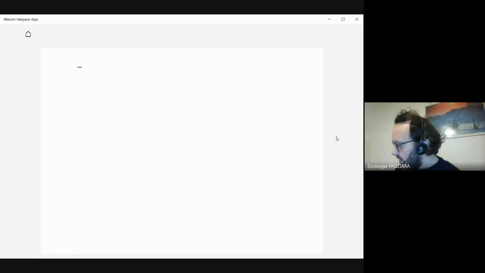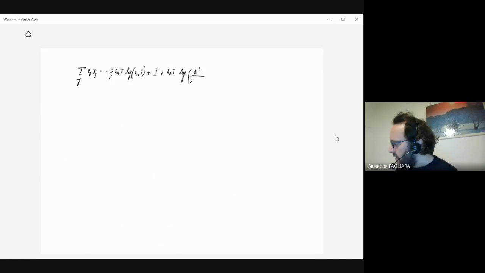We are deriving this formula here, the sum of nu j chi j, and we say that this is equal to minus 5 half kBt log of kBt. Then I have a plus I, with this I being the ionization energy, plus kBt logarithm of h cubed divided by 2, and then 2 m pi to the power of 3 half.